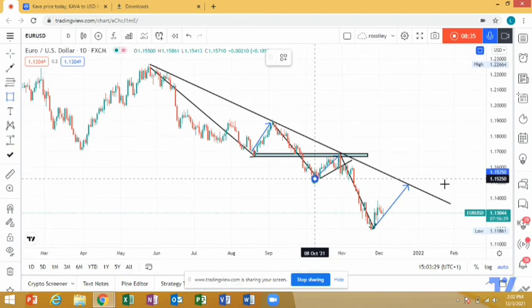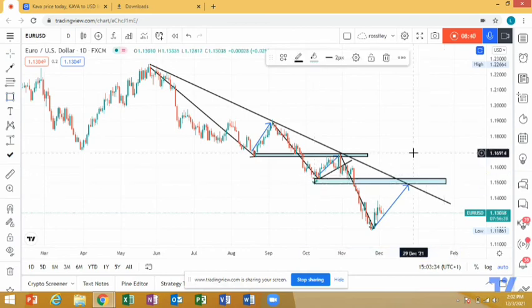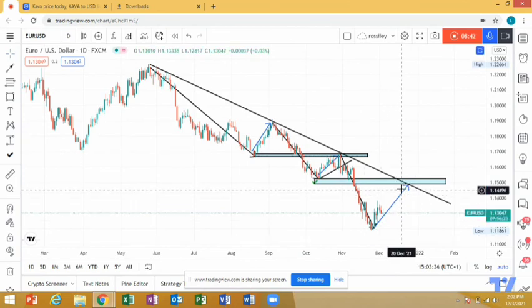Then we draw our trend line after the correction and wait for the break of that trend line. After the break, we enter, and that's it. It's very simple. But if the market breaks this trend line, then we know the trend is about to be over. So it is very important to know about the correctional and impulse moves in the forex market.